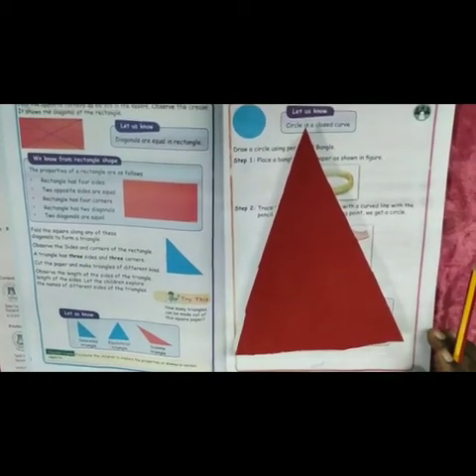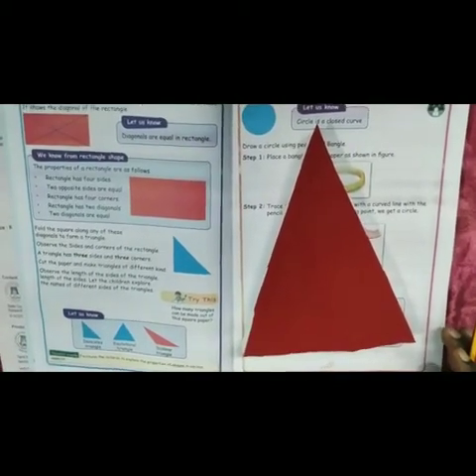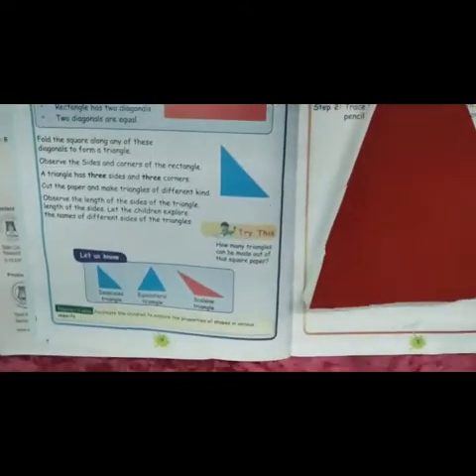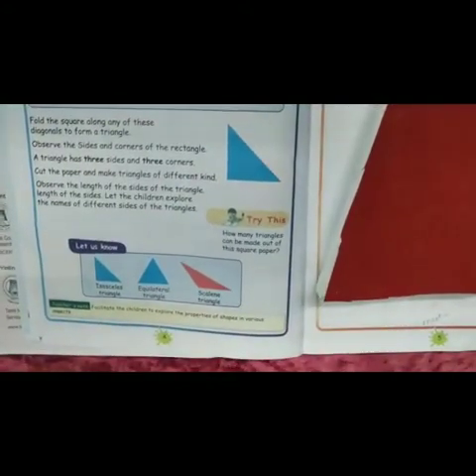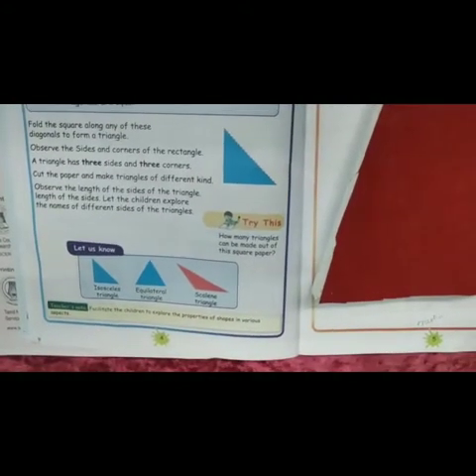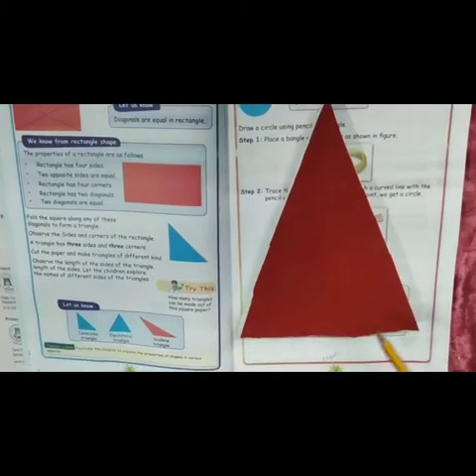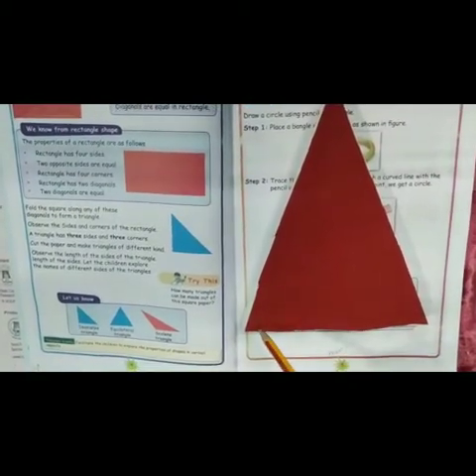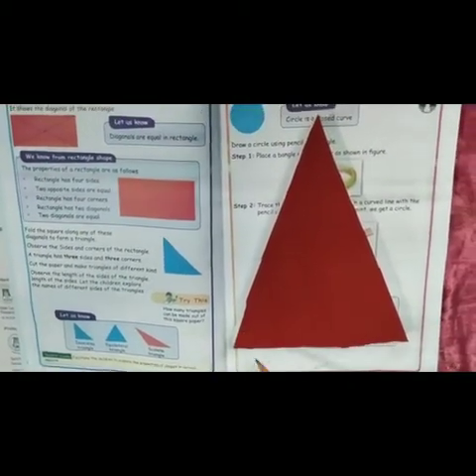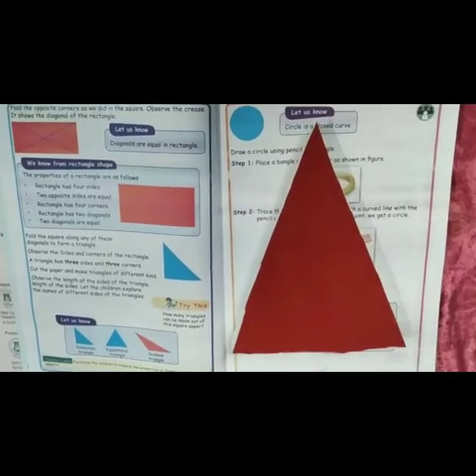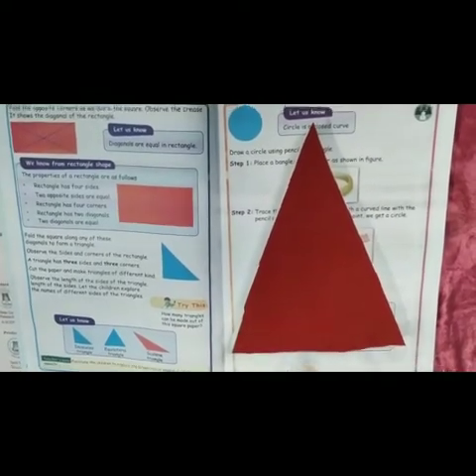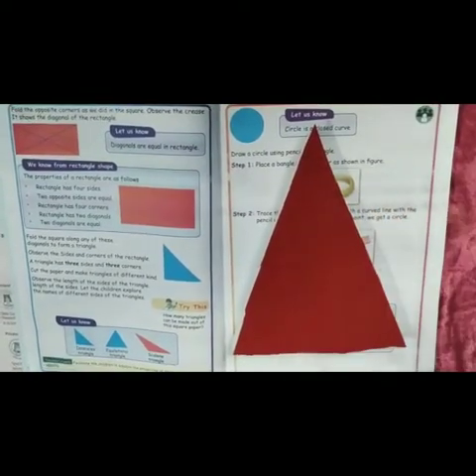Triangles can be isosceles or scalene. What we have seen now is an equilateral triangle. All these 3 angles will be the same.